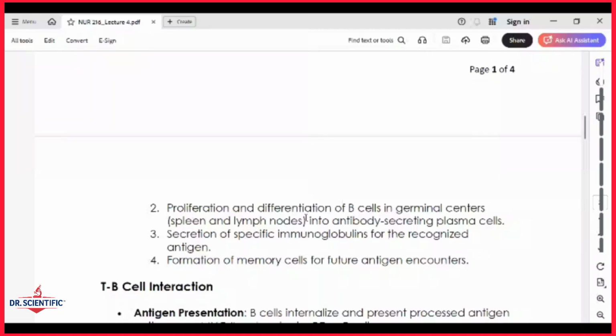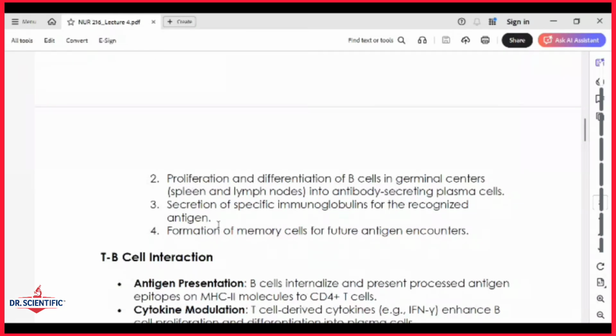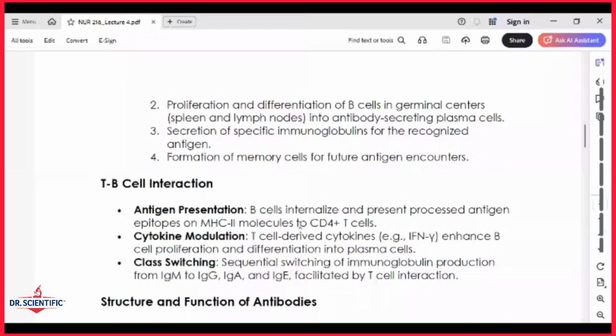These antibodies are against either several epitopes or specific epitopes of the antigen. Okay, so this is the secretion of specific immunoglobulins for the recognized antigen, and of course, there's also memory. Memory B cells or memory plasma cells are maintained in these germinal centers, either in the spleen or in the lymph nodes. They are maintained, and therefore any subsequent infection or vaccination would boost the response, so that then there is elimination.